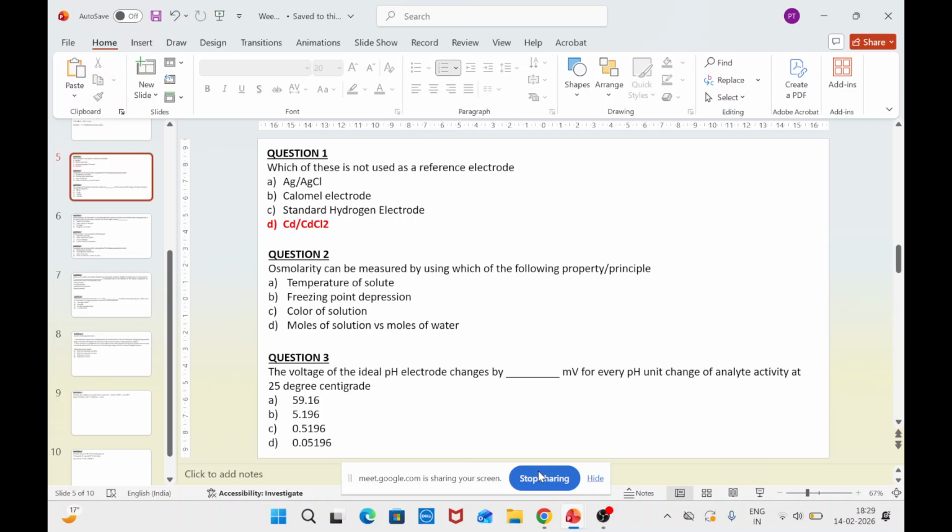So in the case of osmolarity, to put it in simpler terms, I mentioned the number of moles of solute particles that contribute to osmotic pressure divided by the volume of the solution. But here the last option says moles of solution versus moles of water. So with that, can we determine the osmolarity? Because we are not going to know the moles of solute.